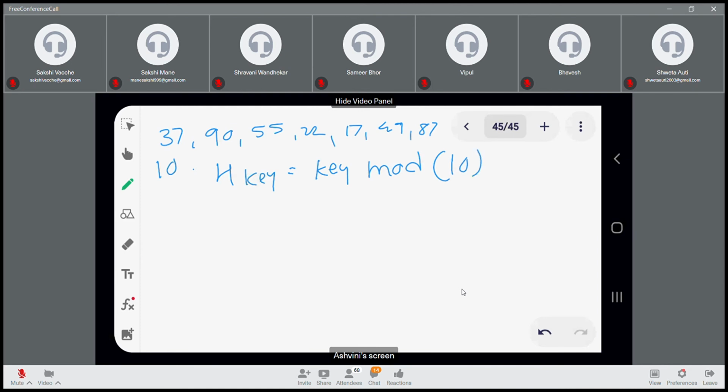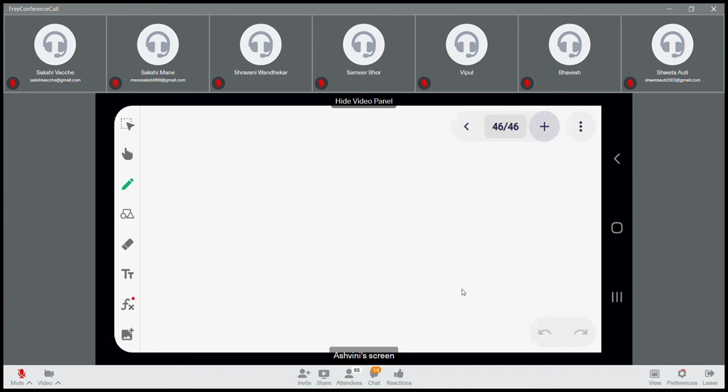So how are you going to place these numbers? These are the indexes. Your first number is 37, and we place it at index 7.